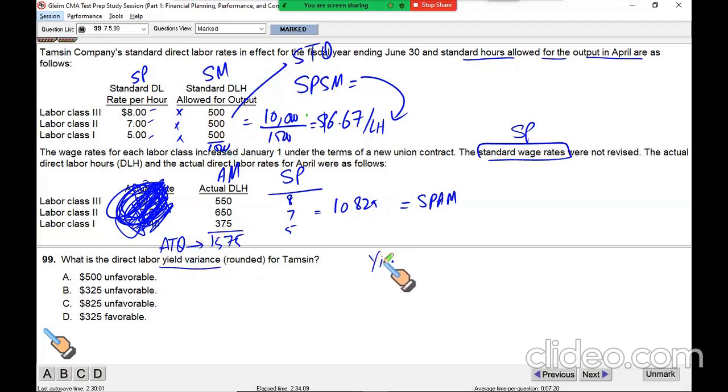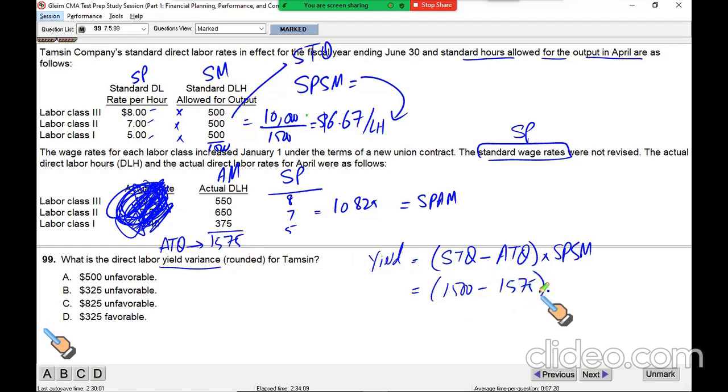So you're going to calculate the direct labor yield variance. It's going to be the standard total quantity of hours we should have used minus the actual total quantity, multiplied by SPSM, that is the standard price of standard mix per hour. We have everything. Standard total quantity we should have used was 1500 hours. Actual total quantity we used was 1575.